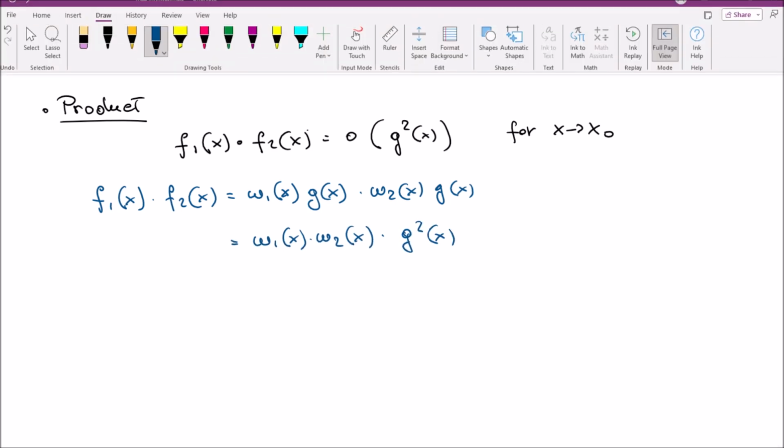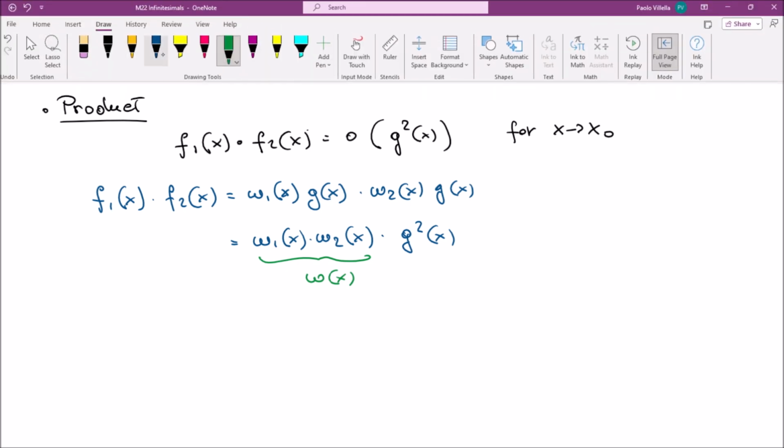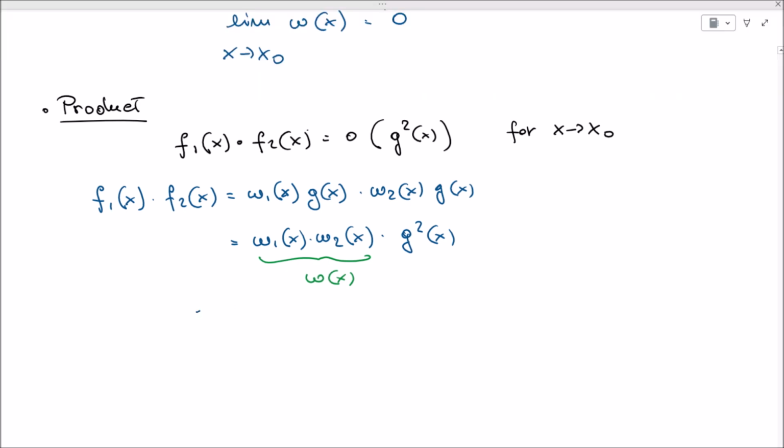And if we call this omega of x, well, it is easy to see now that the limit of omega of x when x goes to x naught is again equal to 0. So this finally proves the two conditions are satisfied, and we know now that the product of f1 and f2 is little o of g squared of x.